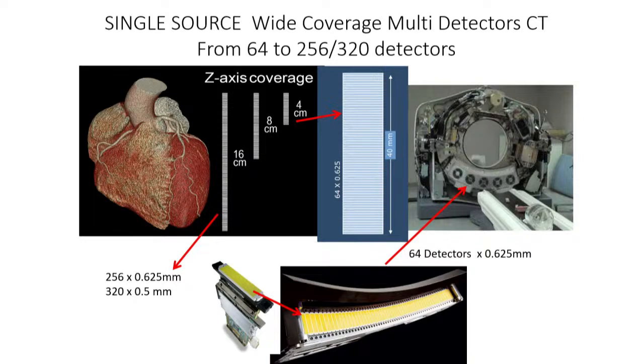If you have one single source, you can make the detector rows wider. And that's what GE and Toshiba do. They make detectors, instead of 96 rows, they have 256 for GE and 320 for Toshiba, and they both make about 16 centimeters, meaning that with a single rotation, single heartbeat, you can capture the entire heart, okay?